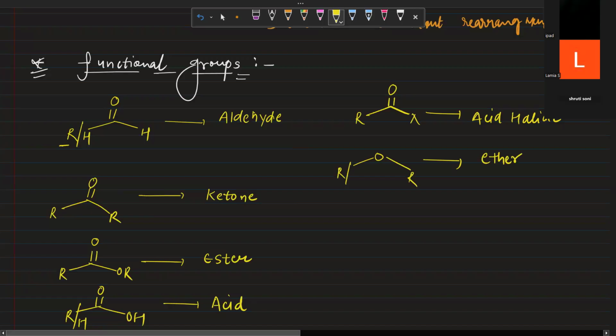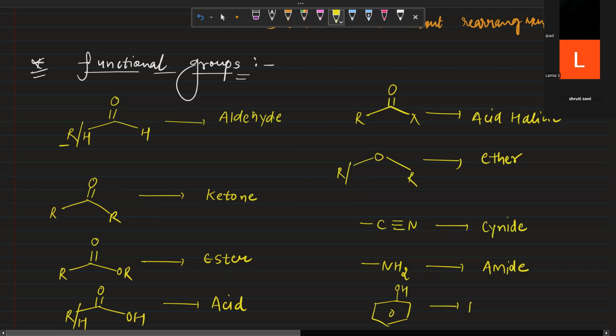If there is C triple bond N, that is cyanide. If there is NH2, then it is amide. Then this will be phenol. Note this down.